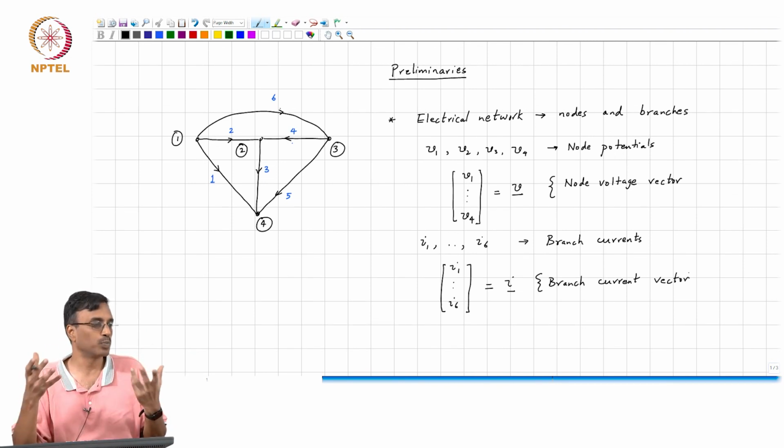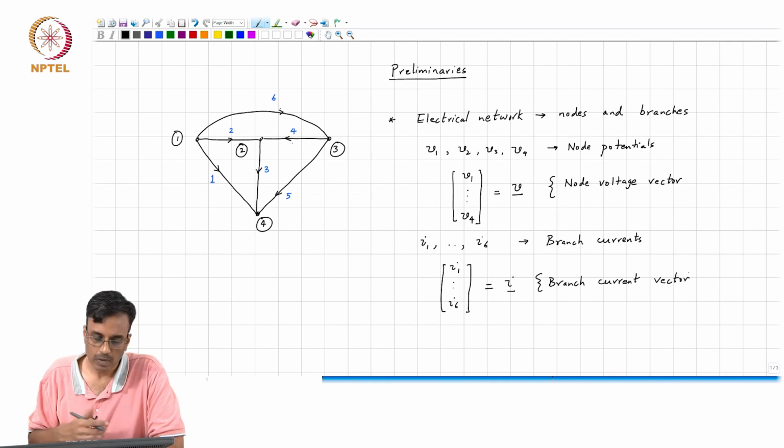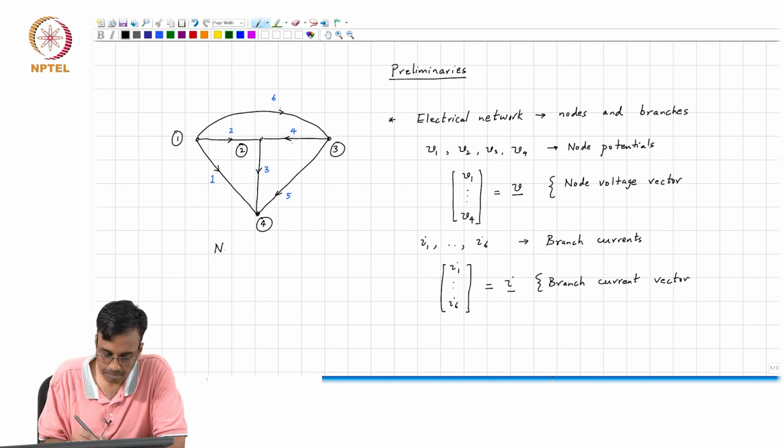So, each branch could perhaps represent an element. The elements could be linear, could be nonlinear, could be time invariant, could be time varying and so on. So, this is the network graph.